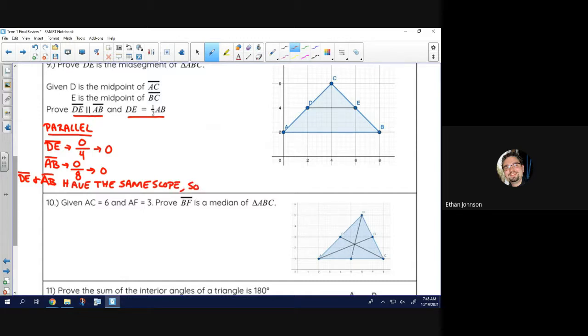So DE has to be parallel with AB. So the first part is proven. We show that they have the same slope. So they're parallel.